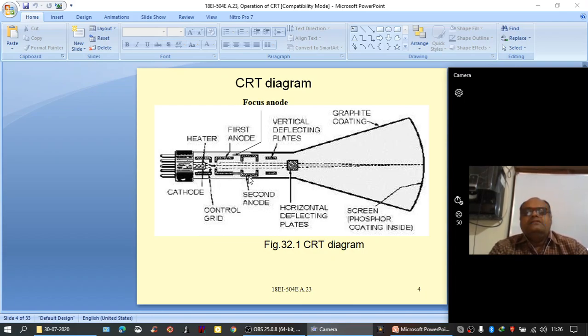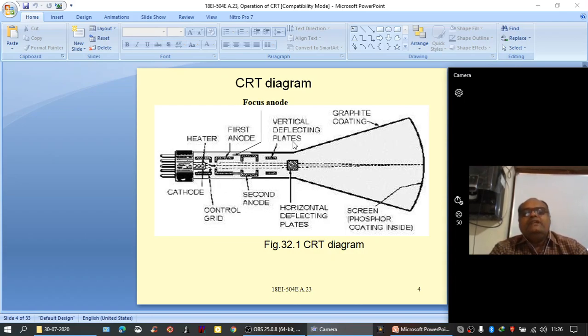So, the electrons would be further accelerated and they leave the accelerating anode with very high kinetic energy. And those electrons passing through the accelerating anode are made to deflect in the vertical plane, up and down.